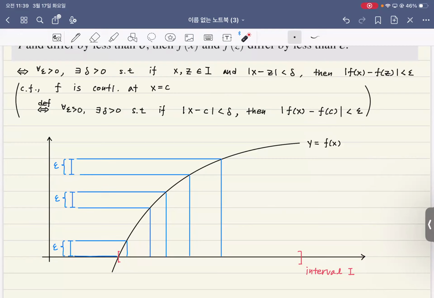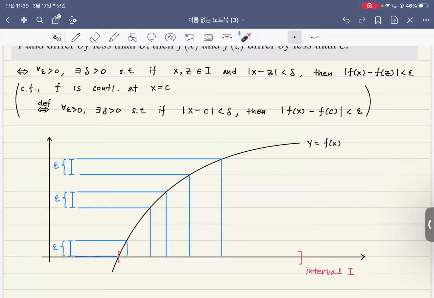This is my rule of thumb: you can find your delta where the slope of your graph is the greatest. So try to find your delta at the point where the slope of your graph is greatest. Then that is going to be the smallest possible delta you're looking for. Anyway, you can find such a nice delta for every epsilon.